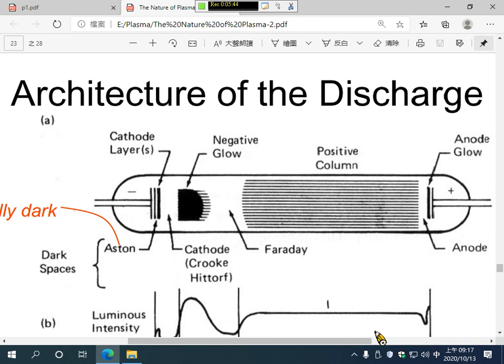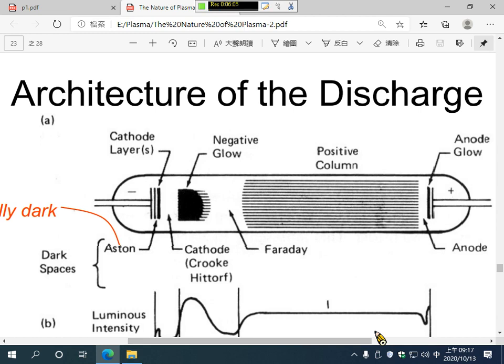On the surface of the cathode, at the beginning, ions, cations, bombard the cathode surface, and the cathode surface will emit electrons after the bombardment.